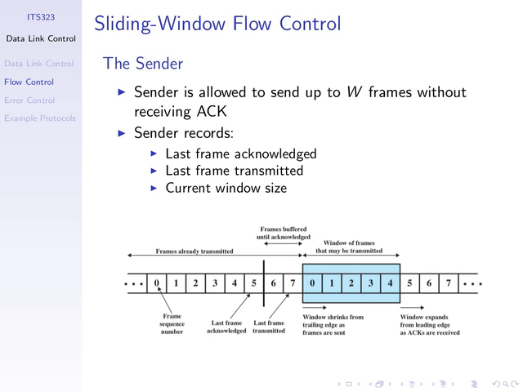If I transmit frame 0, then of course that moves into this set of 6, 7 and 0 of frames that have been transmitted but not yet ACKed. So it's just the way that the sender keeps track of frames acknowledged, frames transmitted but not yet acknowledged, and frames that are allowed to be sent, such that the total of this is always the same. And in this example, it's always 7 frames.